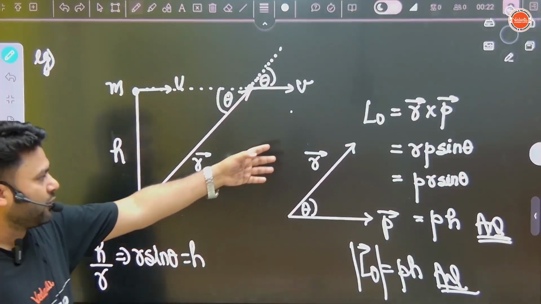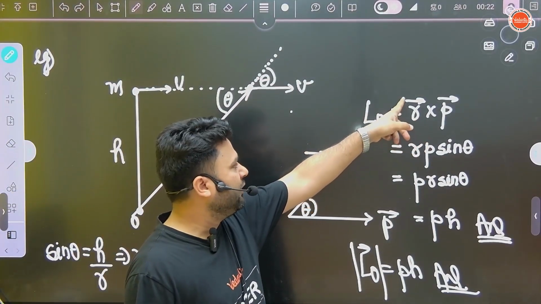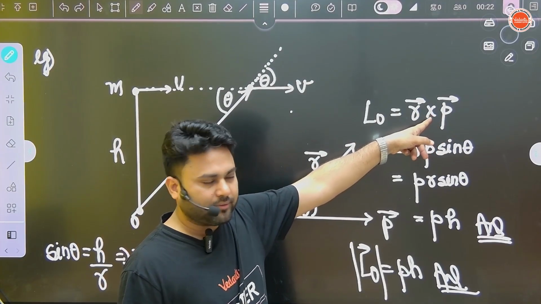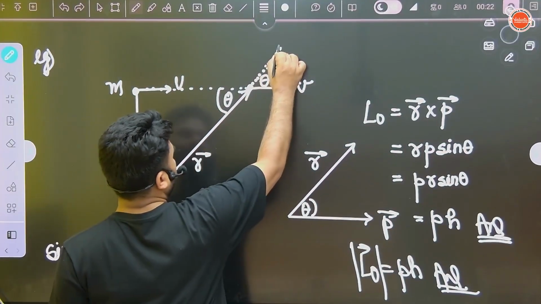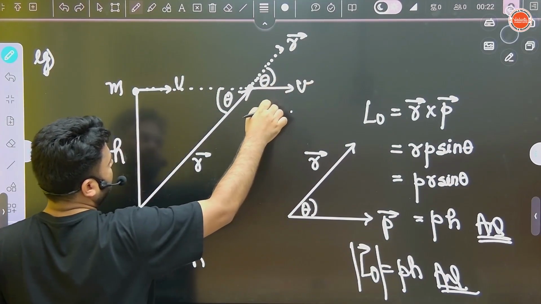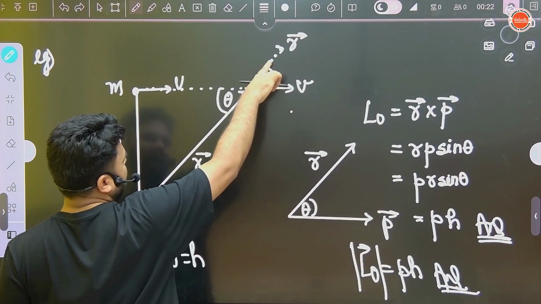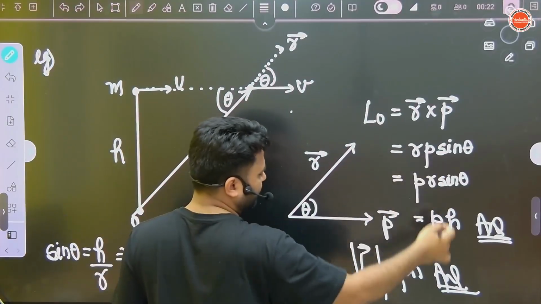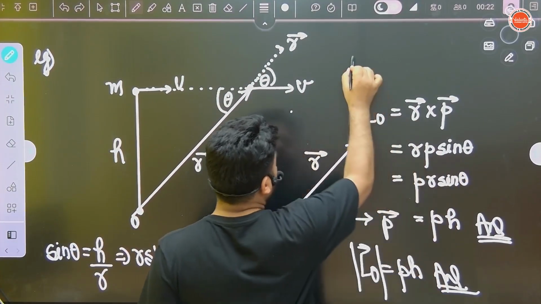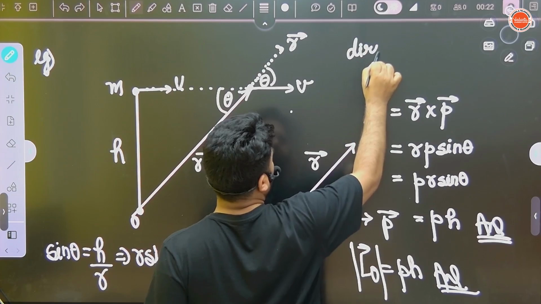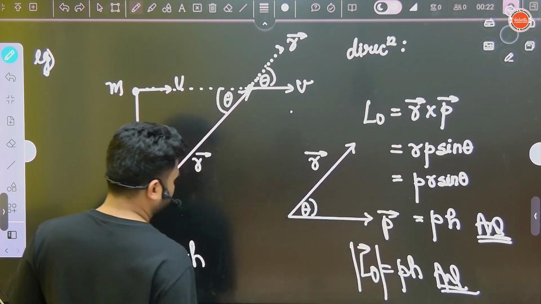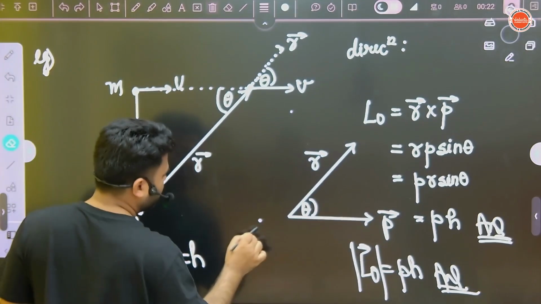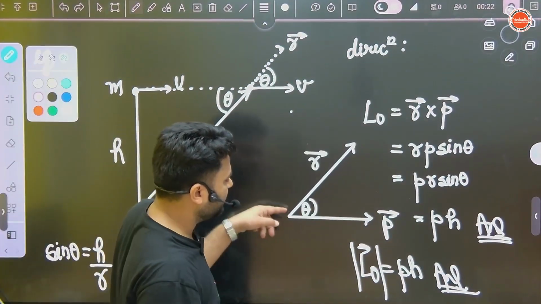Direction you can calculate from basics. It is a vector. Direction will be perpendicular to the r vector and perpendicular to the p vector. This is the r vector, this is the p vector.